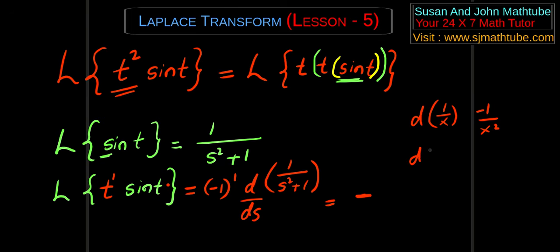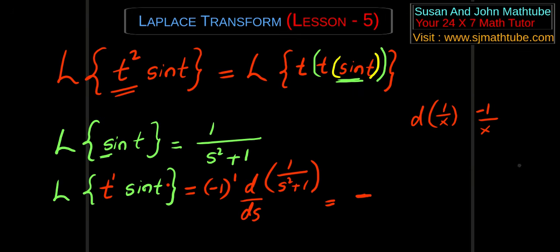And what's the derivative of 1 by something? A smiley. It will be minus 1 by that smiley square. No, that's not enough. Multiplied by the derivative of the smiley. Says who? Yeah, says chain rule. So don't forget that. I've seen in the exam many students forgetting this second part.